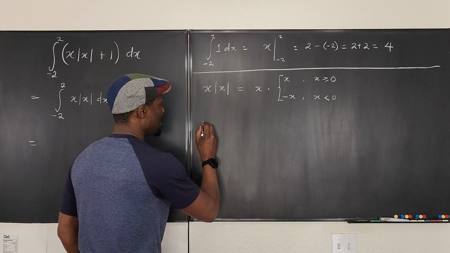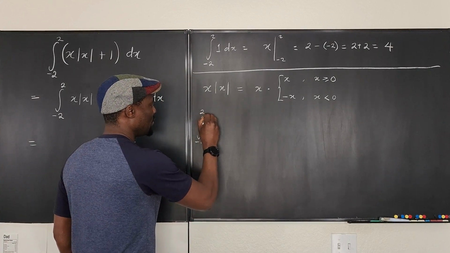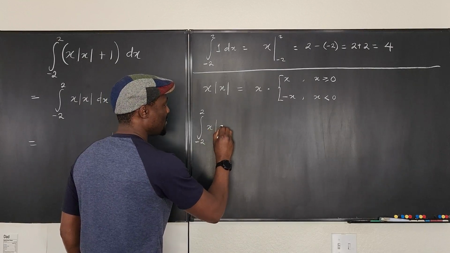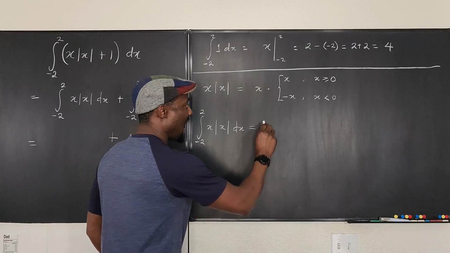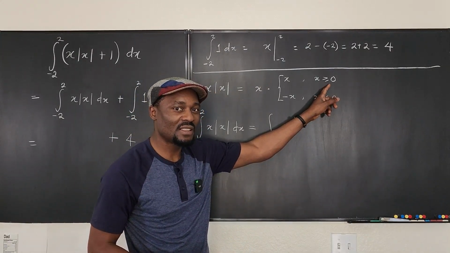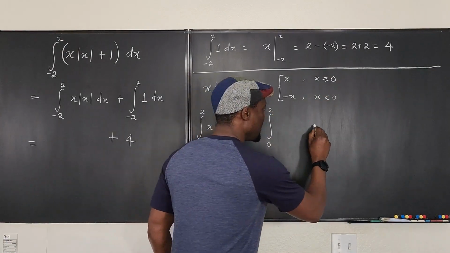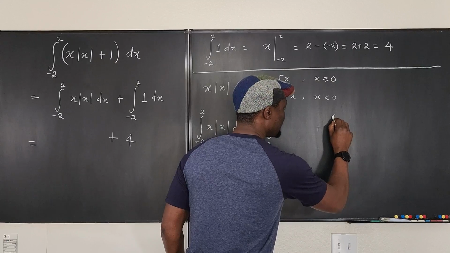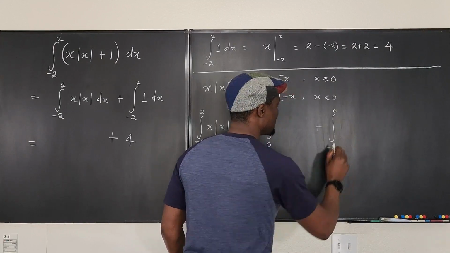We're going to say that the integral from -2 to 2 of x times the absolute value of x dx can be written as two portions. There is a part where x is greater than or equal to 0, which is from 0 to 2, and there's another part which goes from -2 to 0.